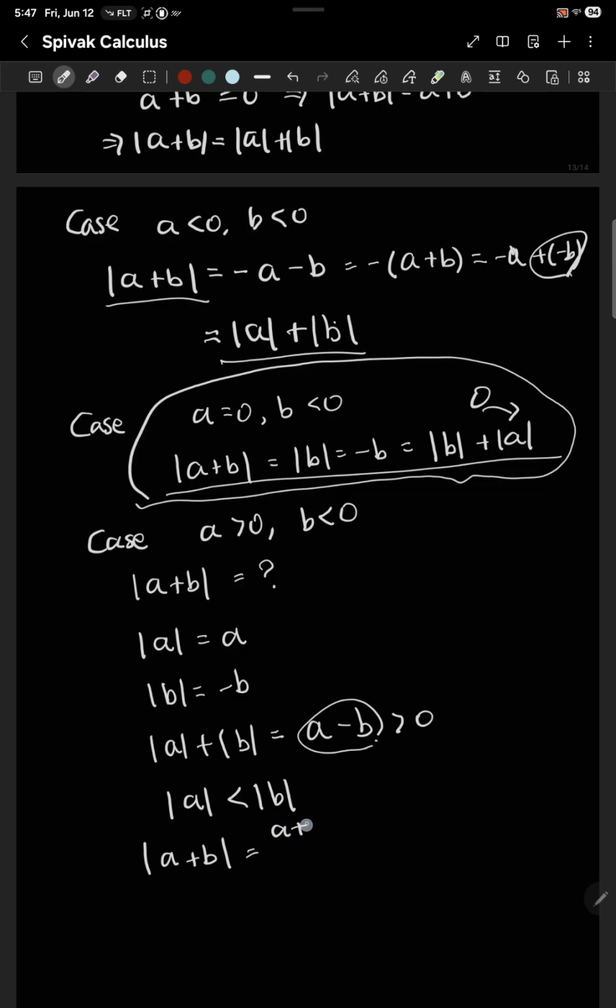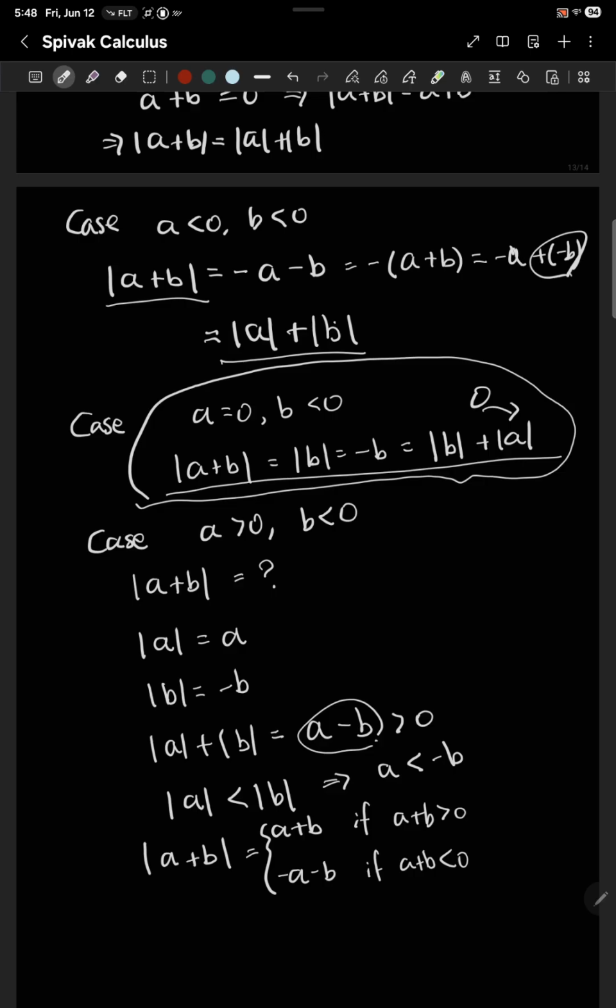It's a plus b, or minus a minus b. If a plus b is greater than or equal to 0, it's a plus b; if a plus b is less than 0, it's minus a minus b. So we just assumed that the absolute value of a is less than the absolute value of b, which means that a is greater than 0. So a is less than minus b, because the absolute value of b should be minus b.